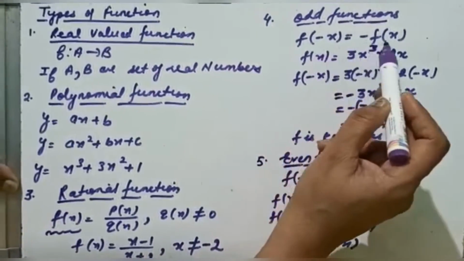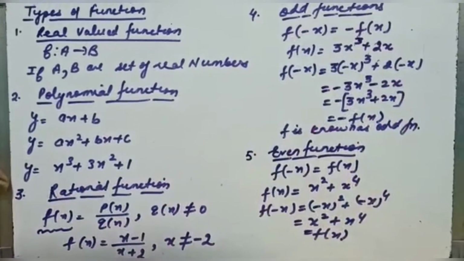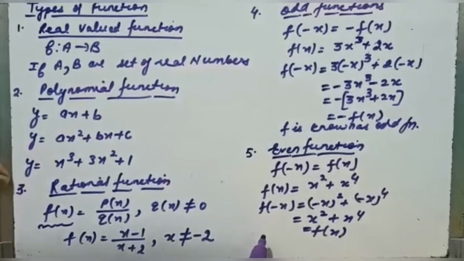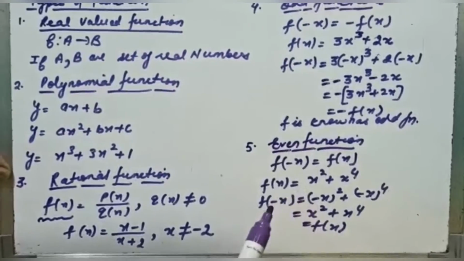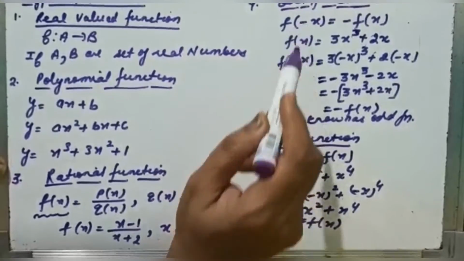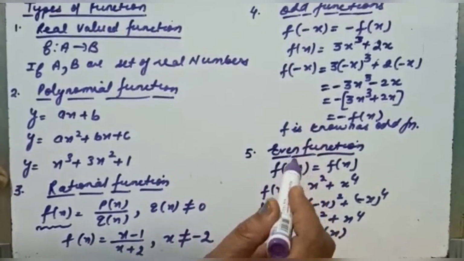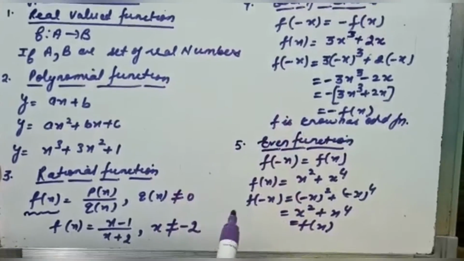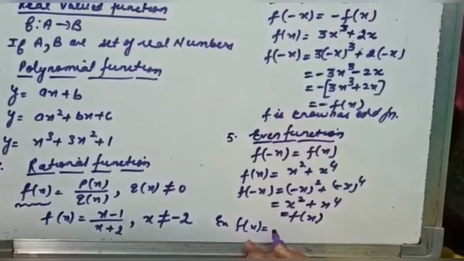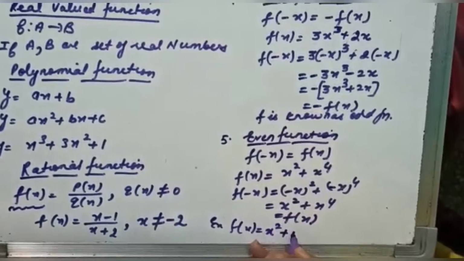If f minus x is minus of fx, means odd function. If f minus x is equal to fx, means even function. And if after changing x to minus x, there is neither this situation nor this situation, such functions are neither odd nor even. For example, fx is equal to x square plus x.